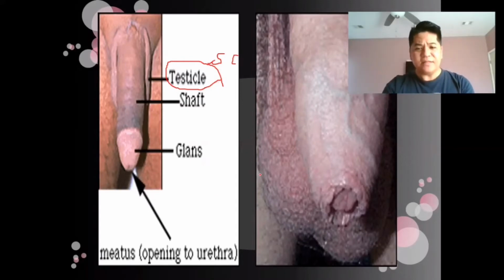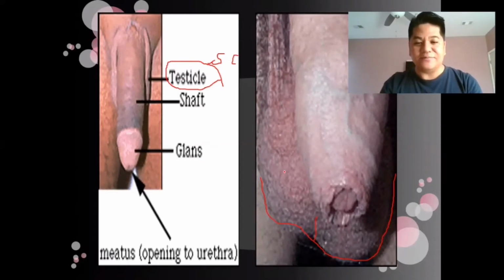Now, this is the scrotum, wherein it protects your testicle. Talking about the testis, sometimes it could be only one because of the undescended testis, but it's still called cryptorchidism. We're going to talk about that in your pediatrics.